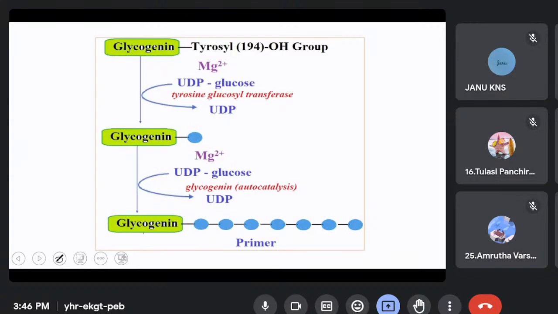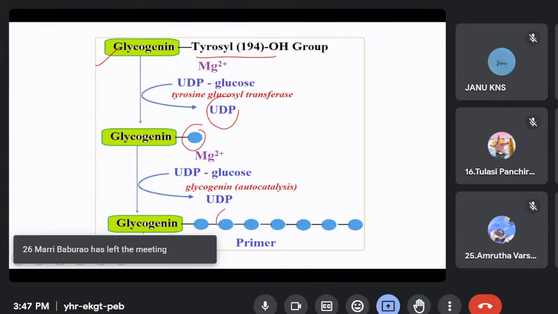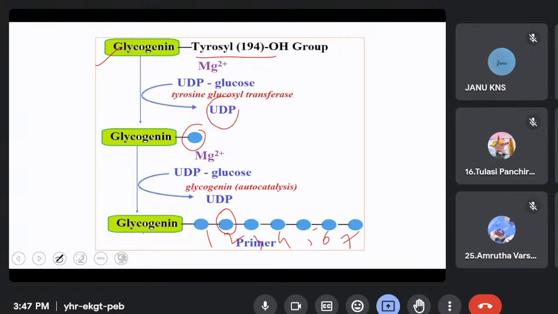So this is glycogenin. On the 194th position there is tyrosine, the tyrosyl 194 OH group, to which UDP glucose is added. Then another one is added. How many are added? 1, 2, 3, 4, 5, 6, 7 glucose residues. So UDP glucose donates glucose residues, releasing UDP.